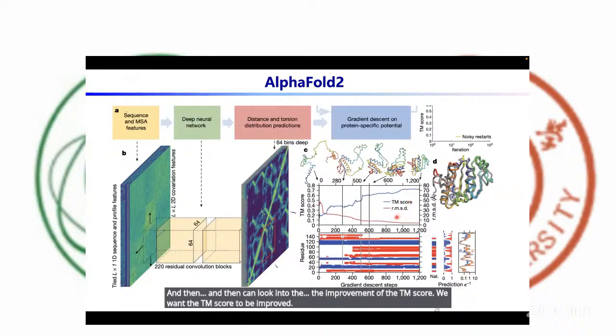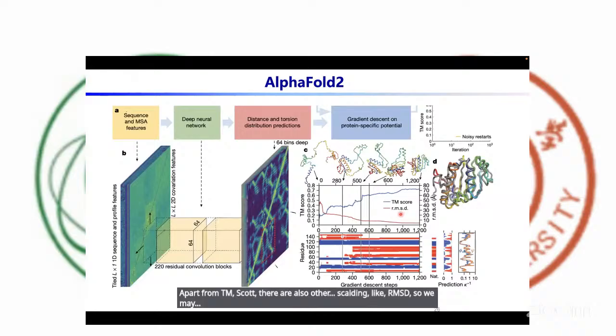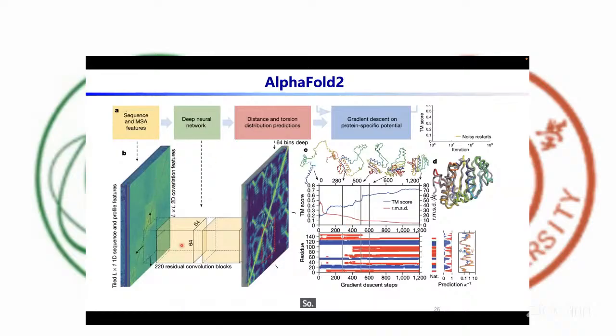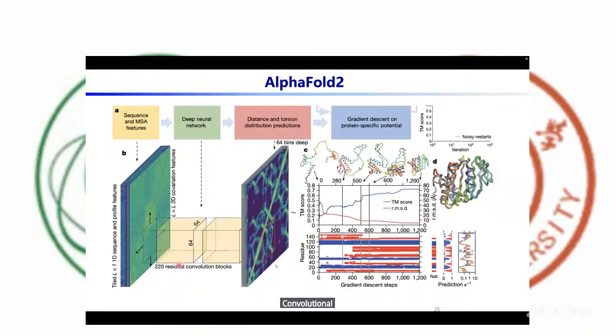Apart from TM score, there are also other scoring like RMSD. So we may revisit it sometime. So at least we already talked about TM score. So look back on the AI side. Because we start from the two matrices, we can treat them as some kind of image, and then we can apply convolutional neural networks.